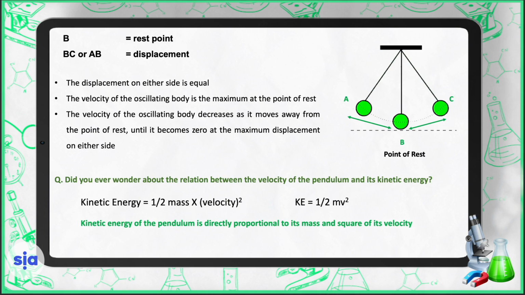Kinetic energy of the pendulum is directly proportional to its mass and the square of its velocity. It is known that the kinetic energy of the pendulum will increase when the mass increases or when the speed increases. And this, of course, makes sense.